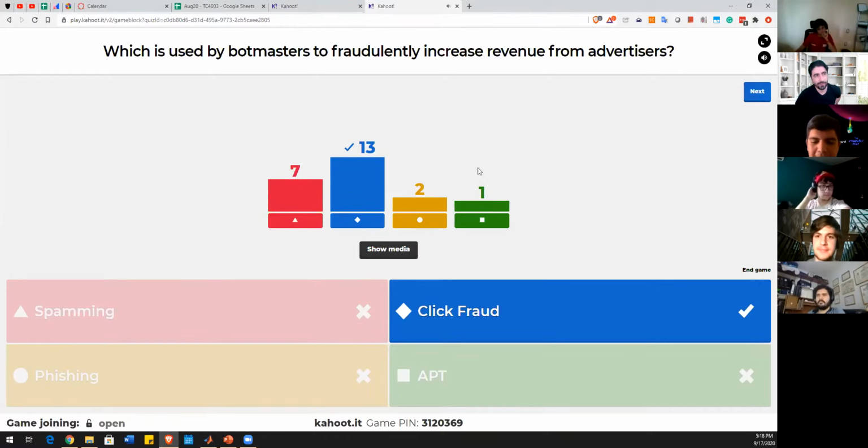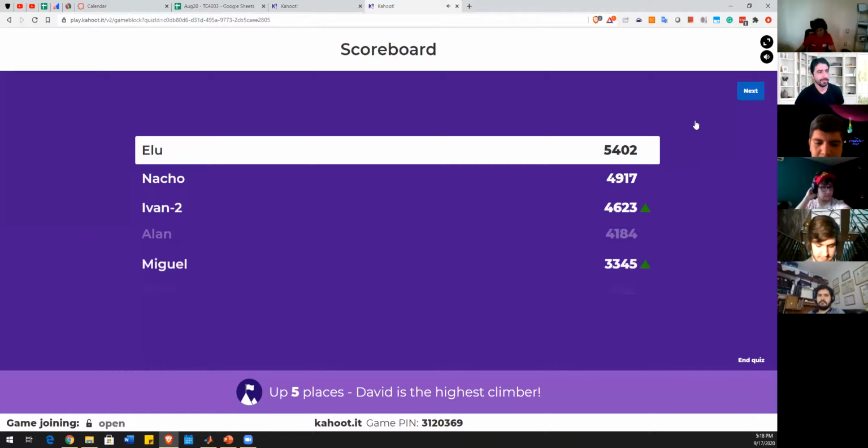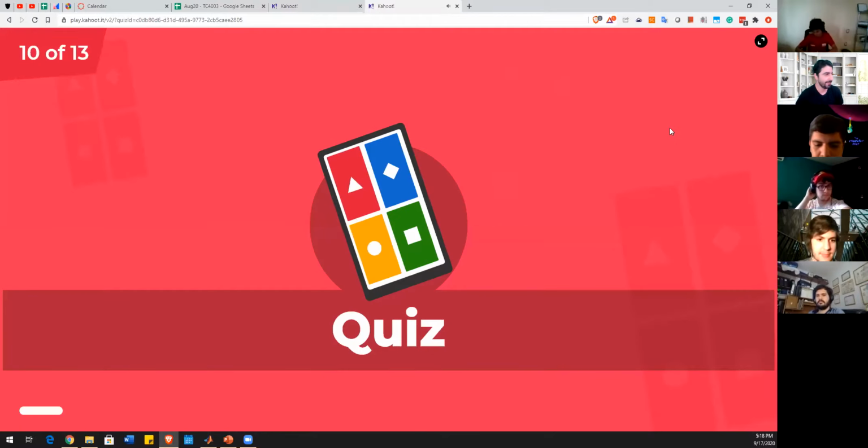Yeah, when we're talking about advertisement, they use click fraud to increase the click numbers and gain profit.